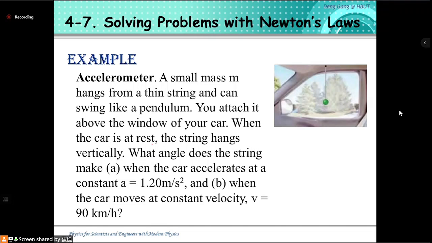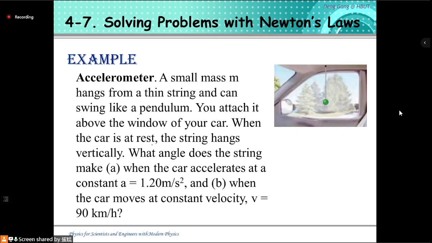So, if we ignore the air resistance, when the car is moving at a constant acceleration a = 1.20 m/s², according to the law of inertia, this ball hanging on the string should move with the same acceleration because it's connected to the car.